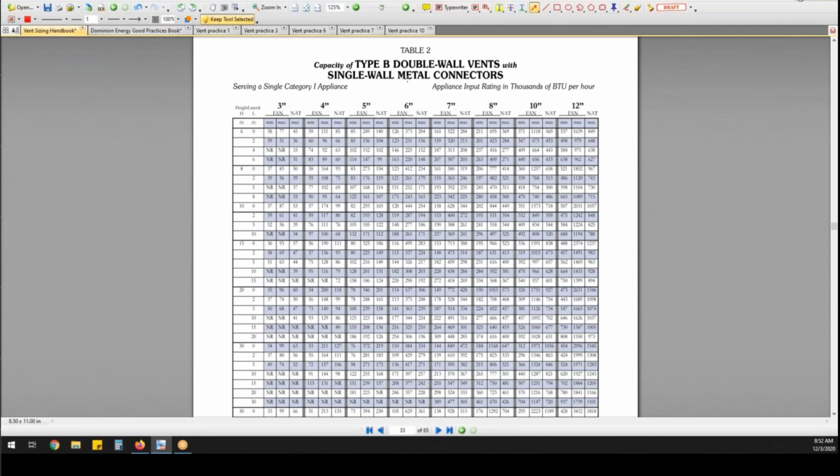And guys do that because it saves money. So we do the same thing we did before. I come over here to my height. I run down 10 feet. My lateral is 5 feet. So I come over to my lateral. I run down to 5 feet.